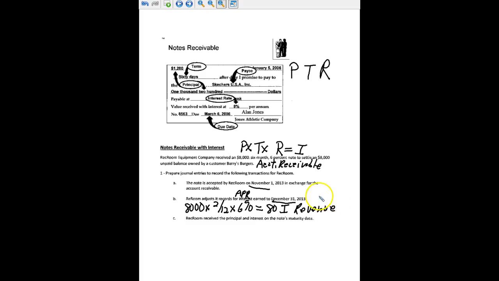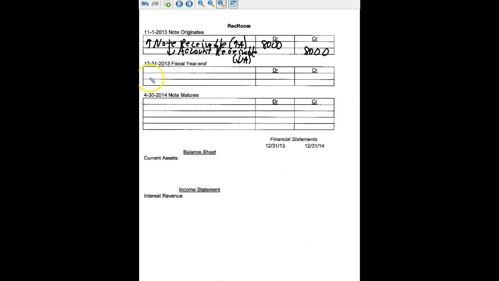So we need to make a journal entry at December 31st for this interest revenue. So let's go do that. So interest revenue is a credit, so let's go ahead and do our credit first. Not that Wiley Plus will let you do the credit first, I know you can't, but we can solve for it first. So interest revenue, revenues ultimately increase retained earnings.